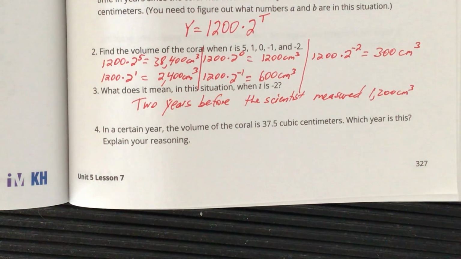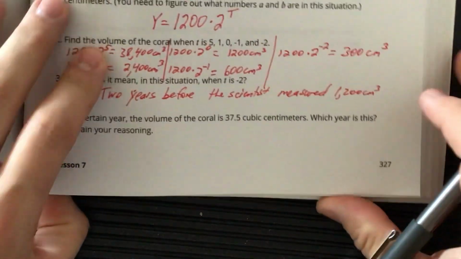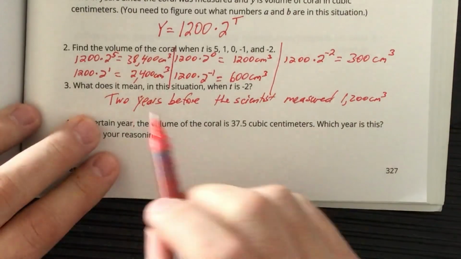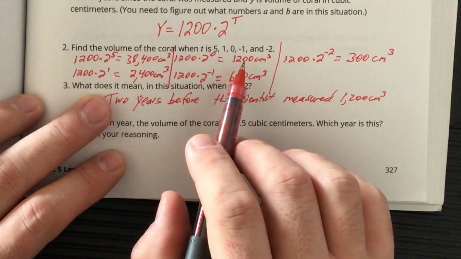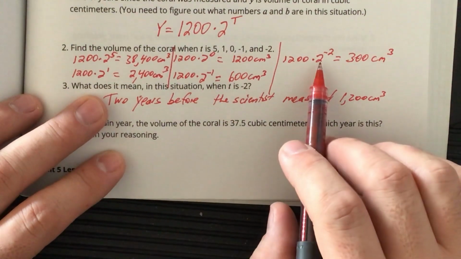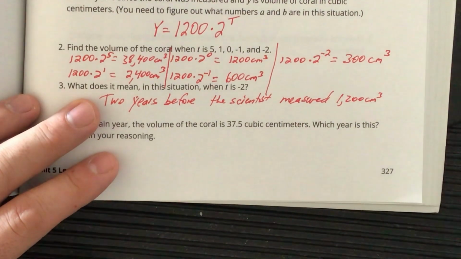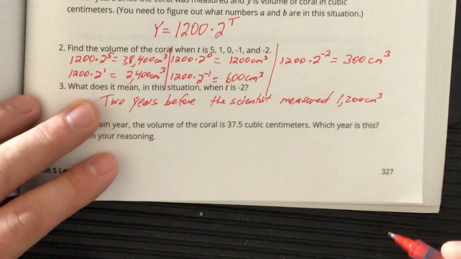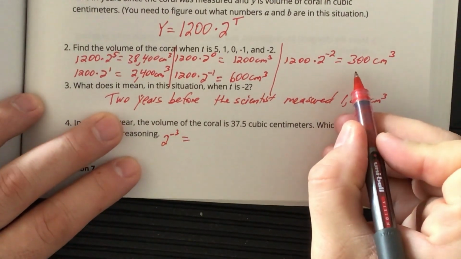It says in a certain year, the coral is 37.5. So you'll notice a trend here. Exponent 0 was 1,200. Negative 1 was 600. Negative 2 was 300. Notice they're going by halves, right? That would make sense because it's doubling after. It means it was half before. So t to the negative 3, if I continue that, it's going to be half of this number.